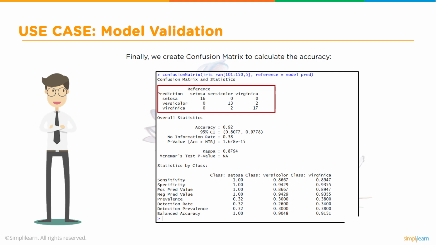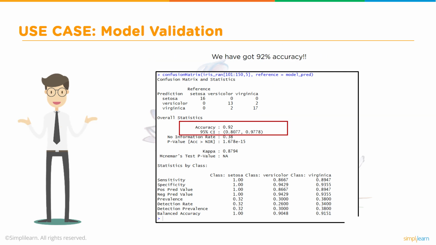And then versicolor, we predicted 13 of the versicolor, and 2 of those we predicted as virginica. So we were wrong on 2 of those. And with the virginica, we predicted 17 correct, and we had 2 wrong that were versicolor. So we look at the overall statistics on here, and we have an accuracy of 0.92 and a 95% CI. That's pretty good. Those are good deals on that. And there's a lot more information as you go down this.